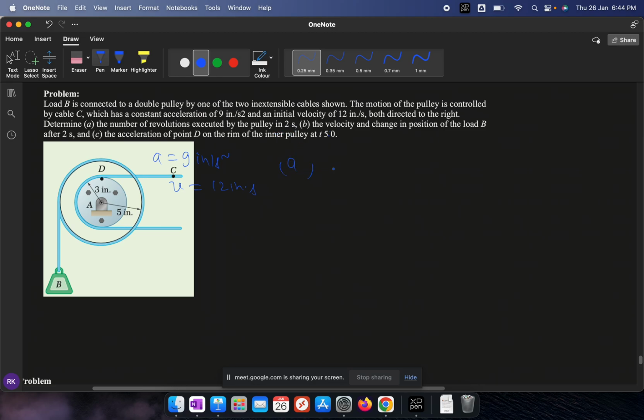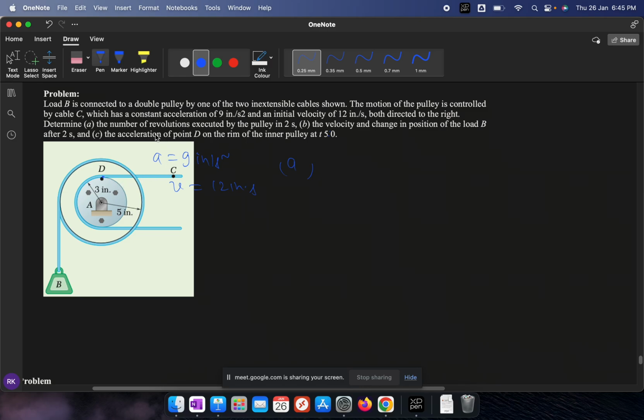So in the first problem it is asking the number of revolutions executed by the pulley. If you draw, you can see that this belt is a rigid body, so whatever the velocity of point C is exactly the velocity of this point.